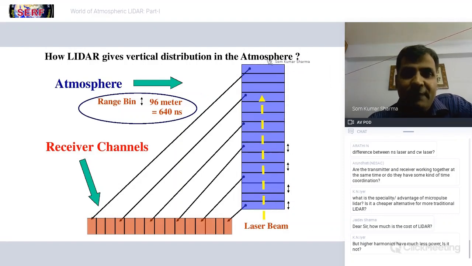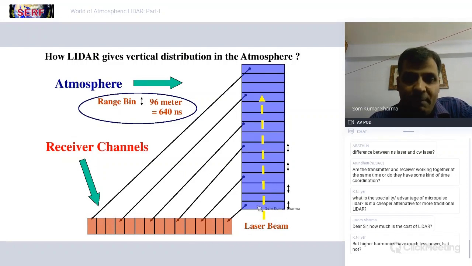Once the atmosphere is divided into different slices, then the laser beam is pumped. When the laser beam is pumped, if you see the location of the cursor here, when the laser beam is in range bin number 1, then the receiver is tuned in such a way that these are like buckets. Receiver channels are like buckets, and these buckets are numbered according to their range bin.